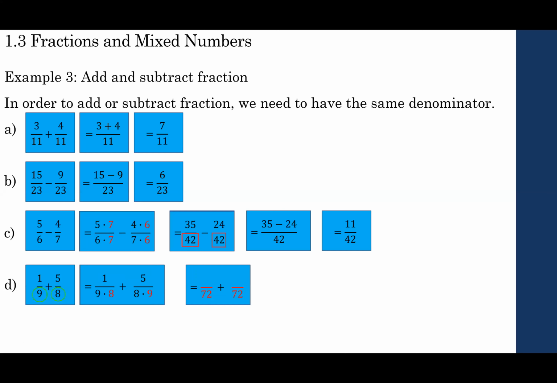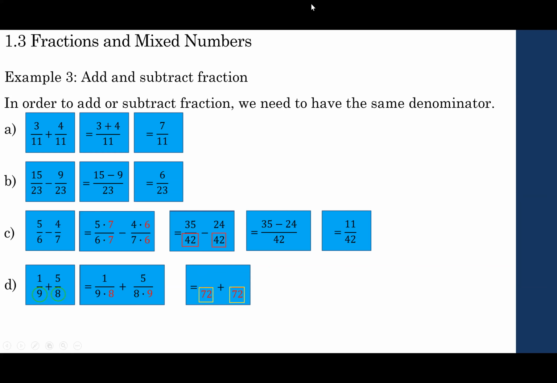8 times 9 to give me 72. 9 times 8 to give me 72. And if you see, we got it, right? We got the common denominator. The reason we went into all this trouble is because we want to have a common denominator. Everybody see that?